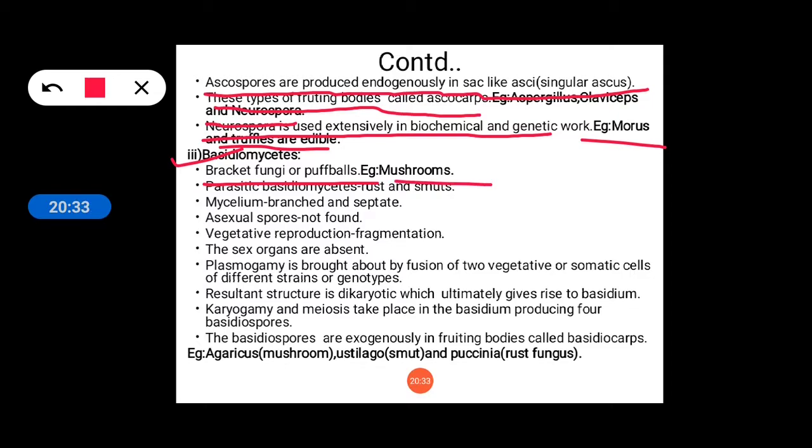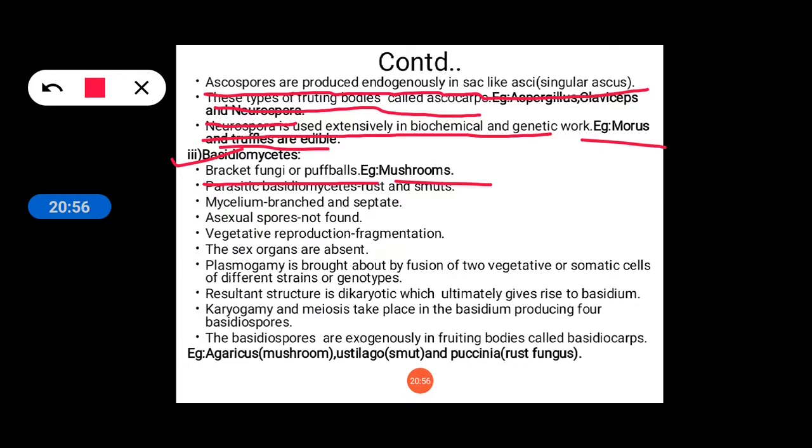Example, mushroom. So, mushroom, we all know what a mushroom is. I think you all have seen mushrooms. So, mushrooms are basidiomycetes. They are also known as bracket fungi or puffballs. Mushrooms are fungi.